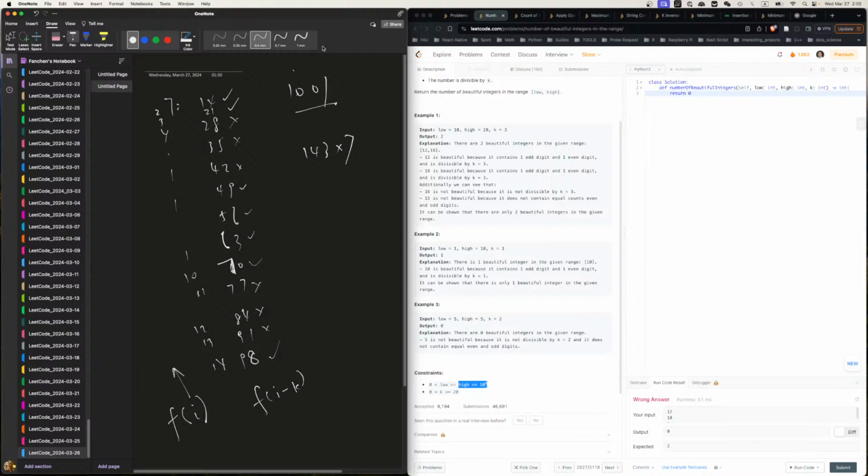Basically, we're trying to say if you do F1001, what's the answer? If I do this, then I can do F98, because everything in the middle will be skipped. Then you need to know F98. 2 digits I can compute.